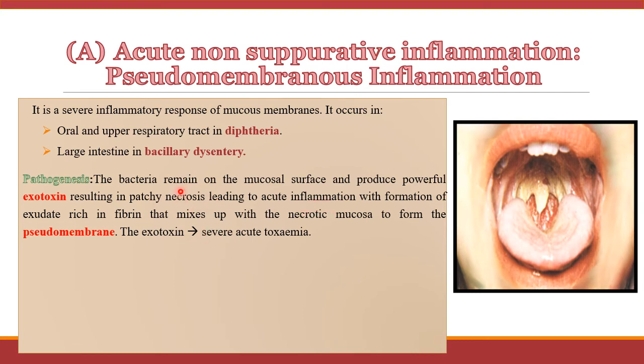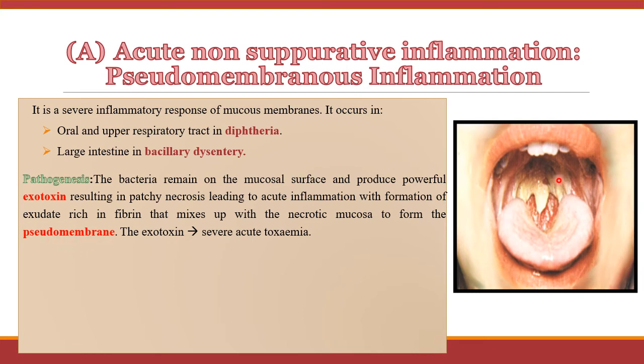So with the necrosis, we will have also the inflammatory exudate. And exudate means a fluid rich in fibrin and cells. And all of this is going to mix with the necrosis, with the bacilli. So this whole cocktail is going to form a layer over the epithelium called the pseudomembrane.